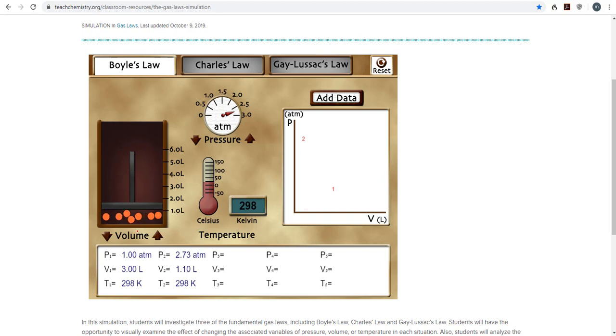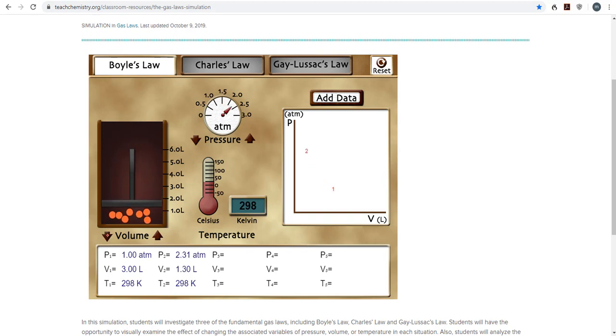So more bouncing against walls of container means a higher pressure. So looking at my mouse arrow that's moving around, as I increase the volume, you'll notice over here I decrease the pressure. So they have an inverse relationship. Now if you take a look at this data table down here, it just summarizes the movement.